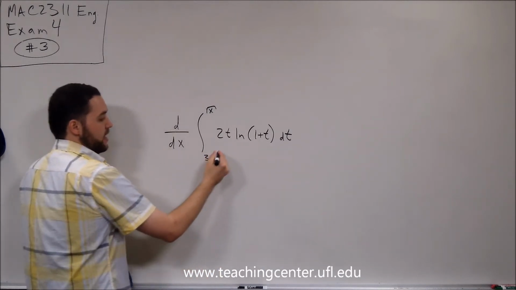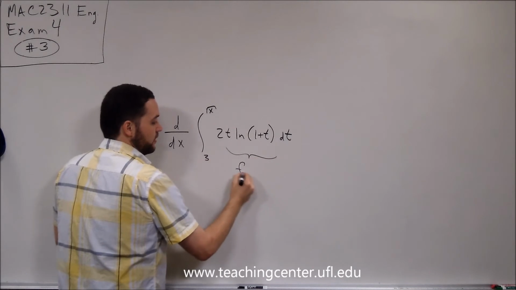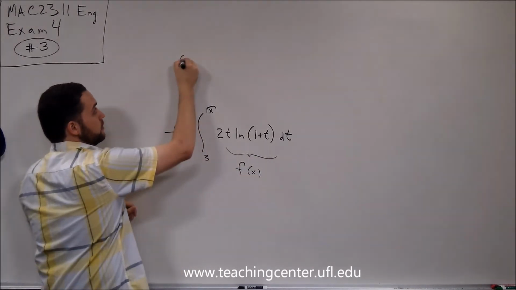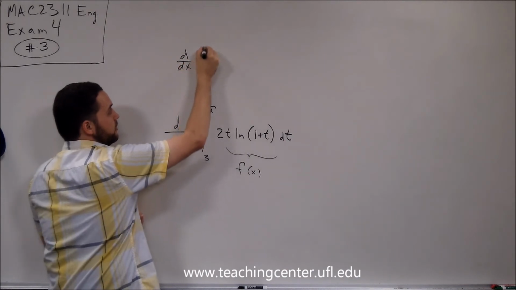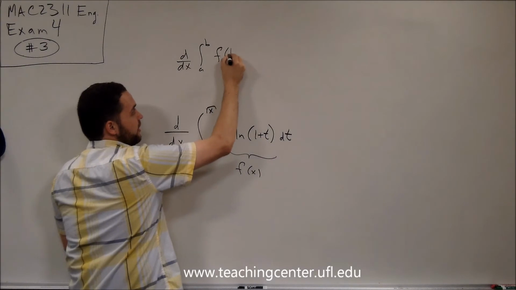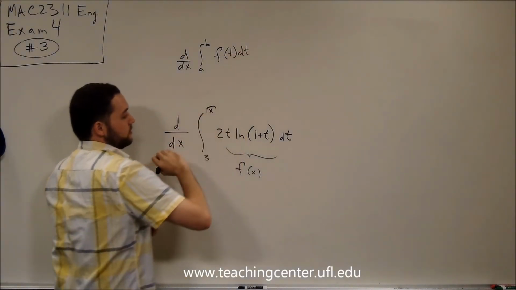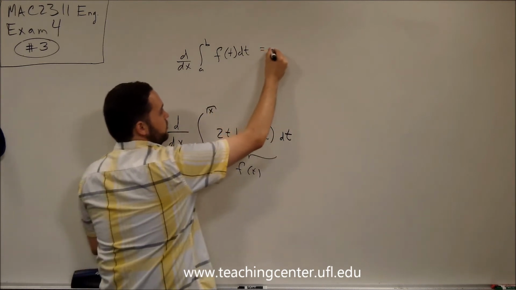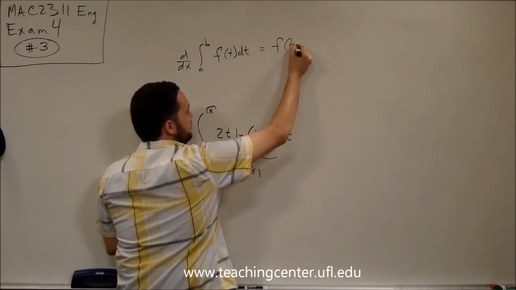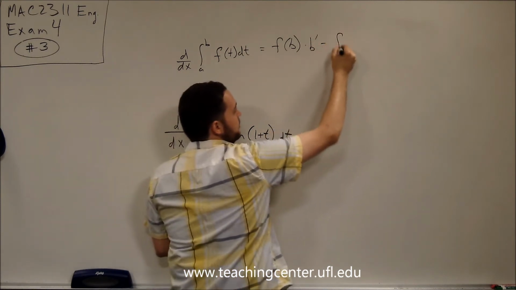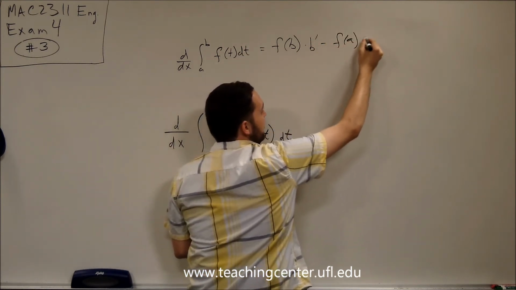So if you think of this as f of x, then the derivative of some integral from a to b of some function, which we'll call f of t, dt, is always equal to f of b times b prime minus f of a times a prime.